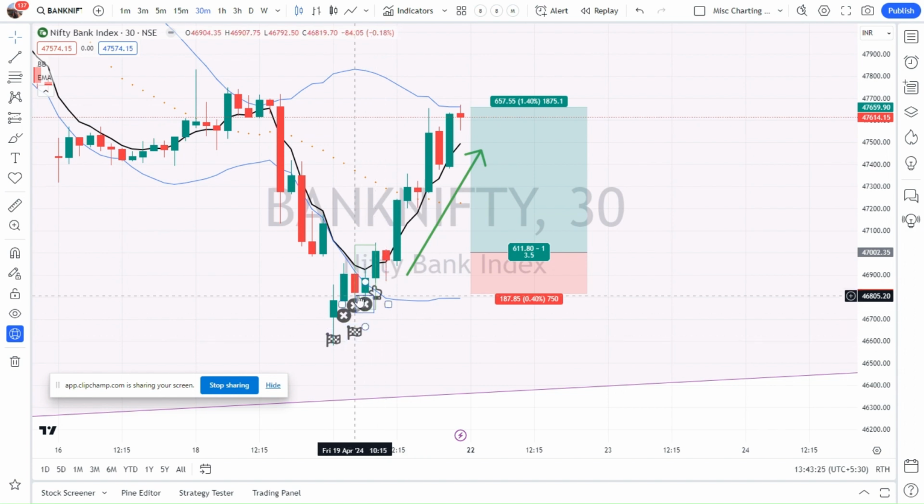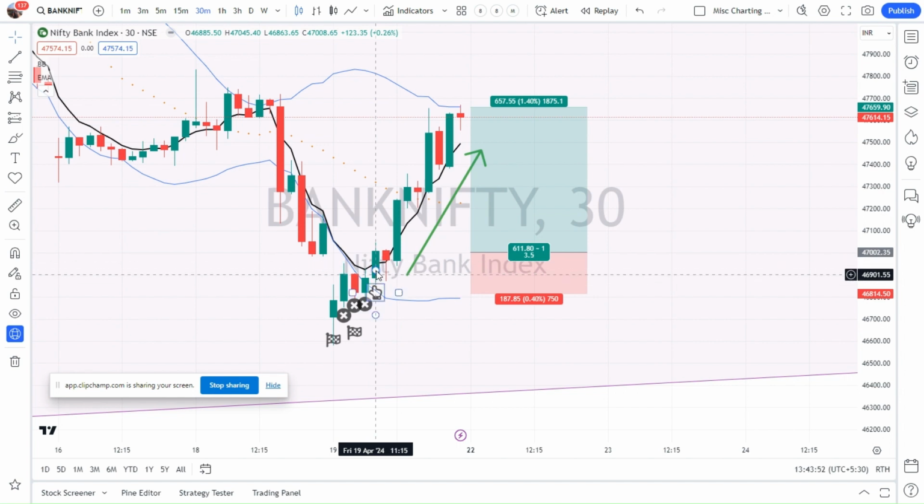Look at this candle. Let me clean this line. This is an alert candle because it did not reach up to the 5 EMA. The next candle is not an entry candle because its high did not cross above the high of the alert candle. But look at the next candle, that is the 11:15 candle.